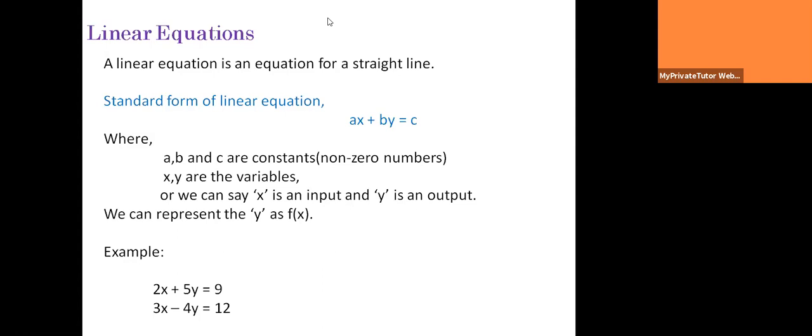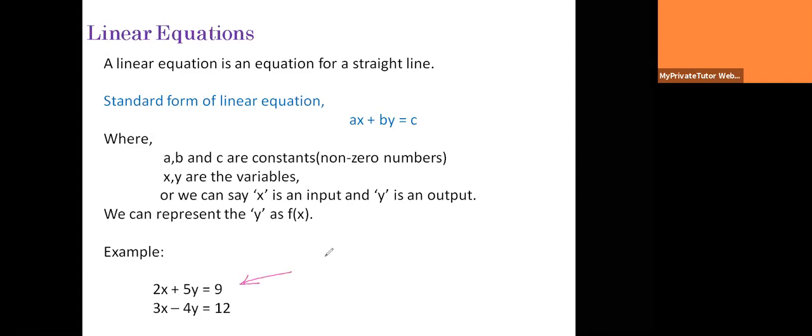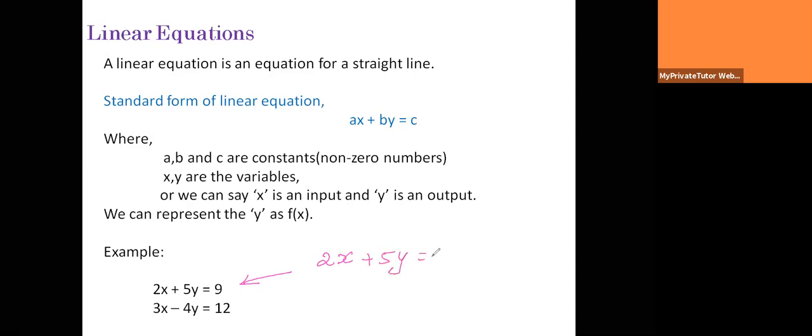Have a look at the examples below: 2x plus 5y equals 9. In this, the a value is 2, the b value is 5, and the c value is 9, which is in the form ax plus by equals c.